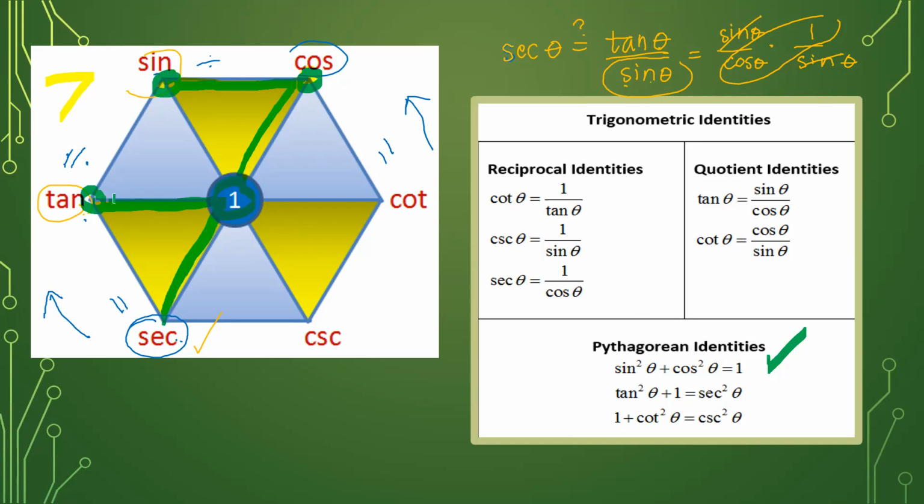Okay? Yun. So, pag ganun, using this identity. Tapos yung third one, pag ano na naman. Basta yung stroke natin is like from left to right and then diagonally downwards. So 1 plus cotangent squared is equal to cosecant squared. Ayun siya.